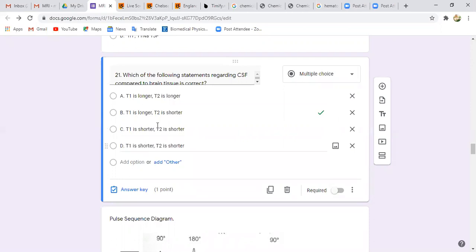C and D: T2 is shorter, T1 is shorter. I think the mistake came from here. The answer should be T2 longer while T1 is shorter, so we don't have an answer here. The answer there is wrong.